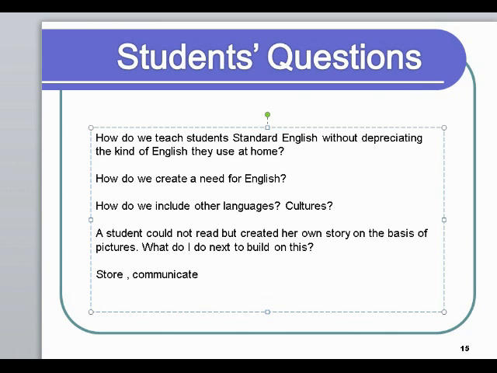So if a child produced a story using pictures, it's going to be harder for this child and other children, just using pictures, to remember the story if they attempted to repeat it.